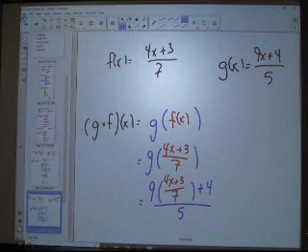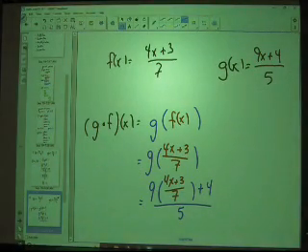Does that make sense to this point? Okay. You agree that that is correct composition structure. So now we're ready for some algebra.